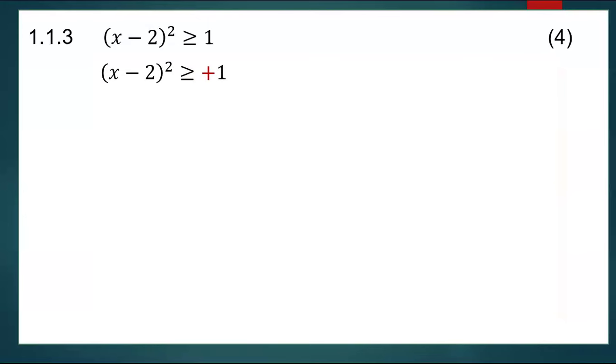When you transpose it to the left-hand side, it'll be negative. As I said, treat the inequality like it is the equal sign. So when a number or a term moves from one side to the other, its sign changes. If it was positive, it'll change to be negative.